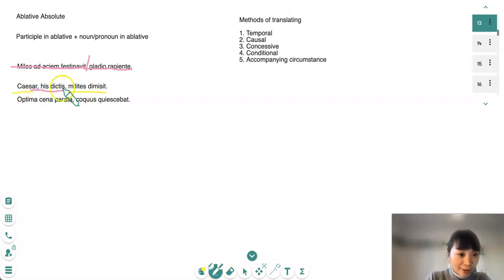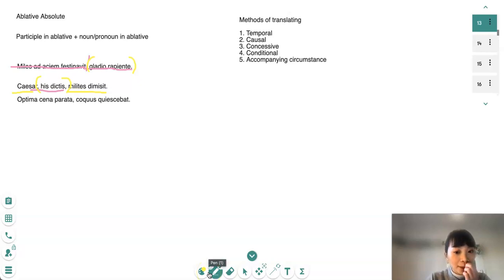To summarise the full sentence, it would be Caesar, when he had said these things, sent away the soldiers. So again, the ablative absolute is happening independently of the rest of the sentence. When I see ablative absolutes in prose or poetry in full lengths of text, I like bracketing them off because they are independent.